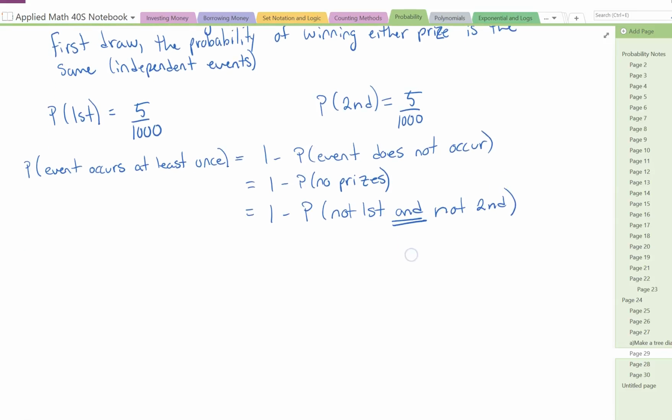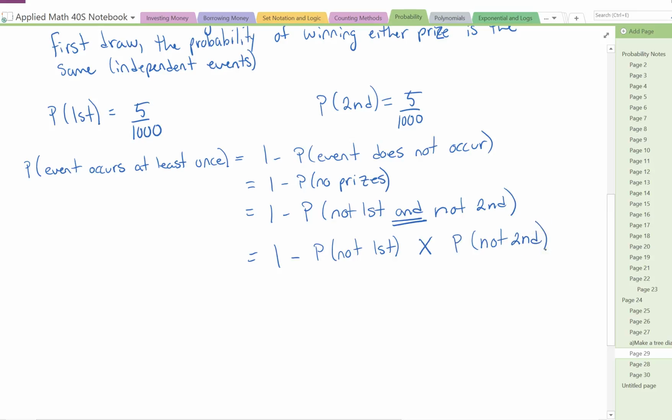So if we look at the math, 1 minus the probability of not first, times, remember, and probability is times, the probability of not getting the second.